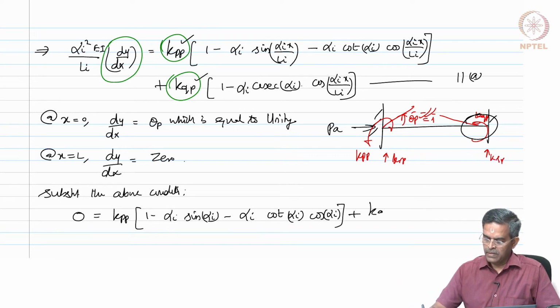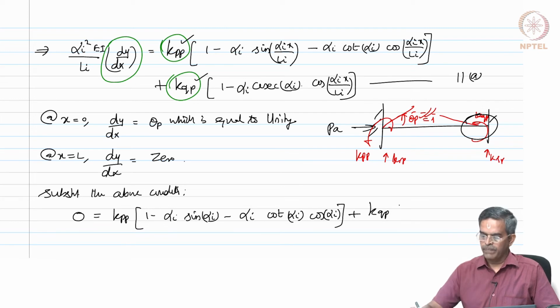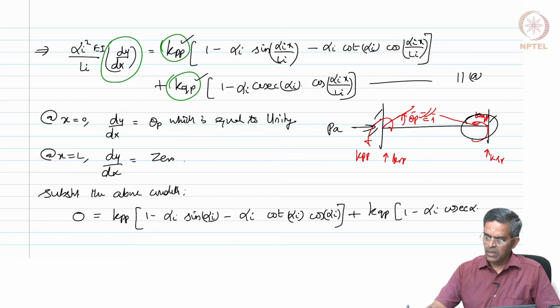Plus KQP times 1 minus alpha I cosecant alpha I of cos alpha I, am I right?